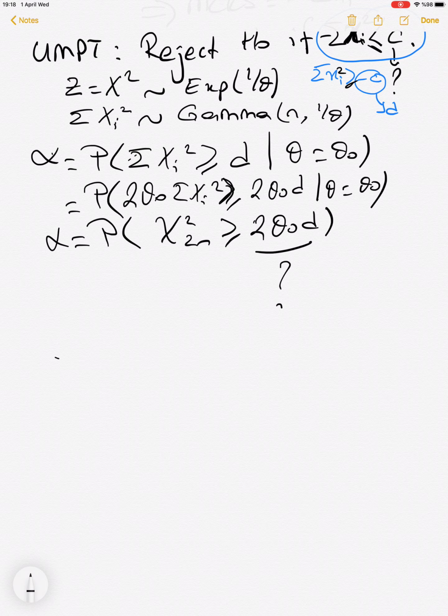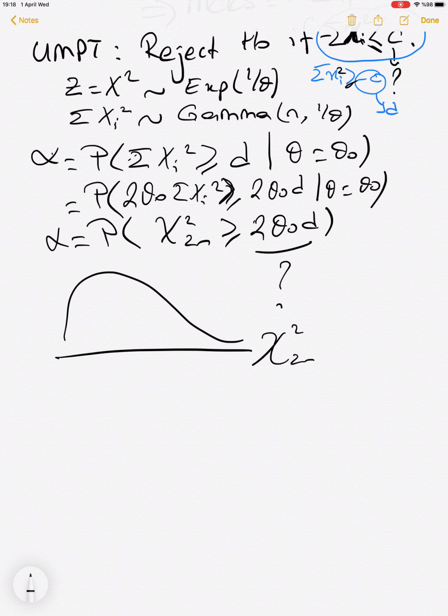So again in the PDF of the chi-square with 2n degrees of freedom, we have to find the value of chi-square where a lower bound is 2 theta 0 d and the probability is alpha. So we are talking about upper tail probability. Okay, so this part is alpha and this point is 2 theta 0 d, and we know that it is actually chi-square 2n with alpha. We are using a right tail probability in the representation of the table values.